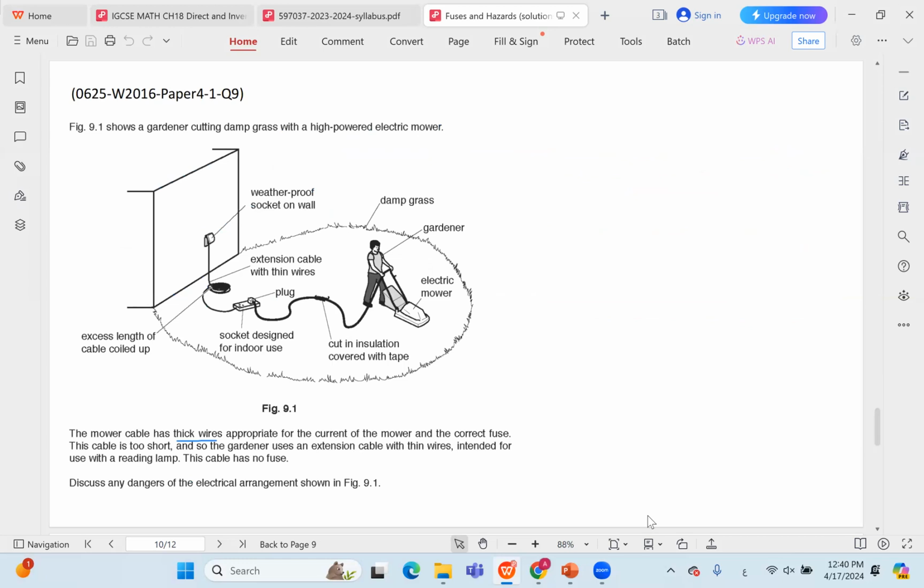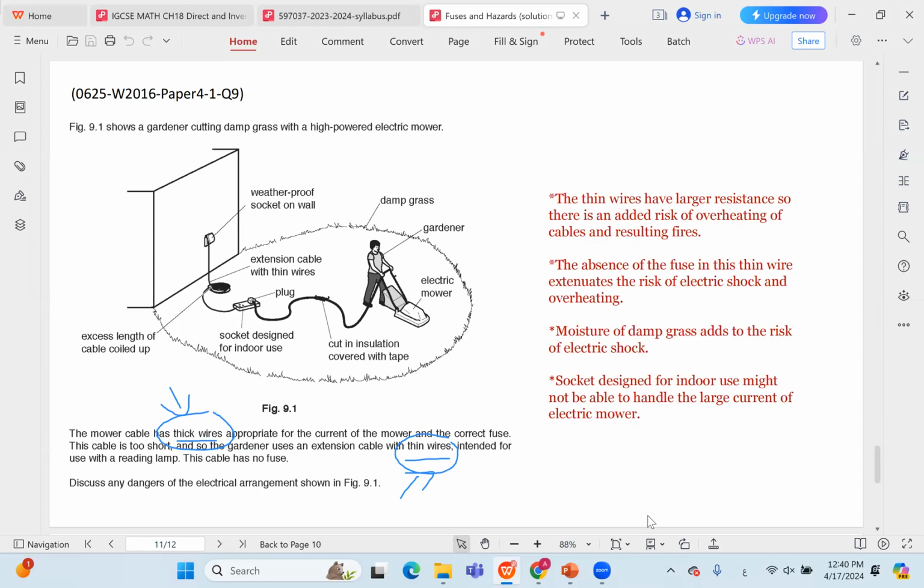The cable is too short, so the gardener uses an extension cable with thin wires. So here is the hazard, because this would work. Thick wires can tolerate large currents. However, thin wires cannot tolerate large currents. Furthermore, there are other hints given in the drawing, which we can discuss and state the hazards corresponding to them.